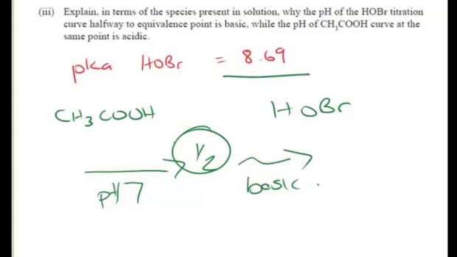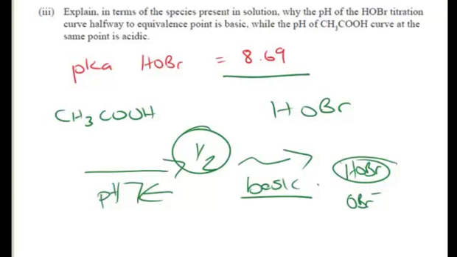Why is that? Well, this is really very straightforward. If this is going to be basic here, and it's still going to be basic even before this point for HOBr, what does that tell you about HOBr versus OBr minus? It tells you that HOBr must be a much weaker acid, and OBr minus must be a much stronger base.